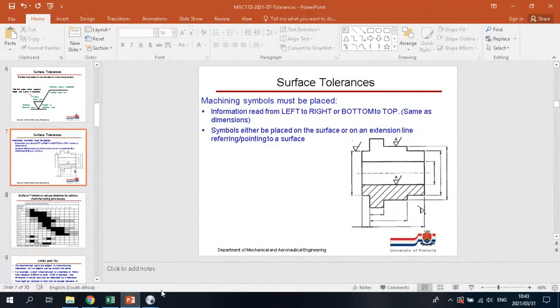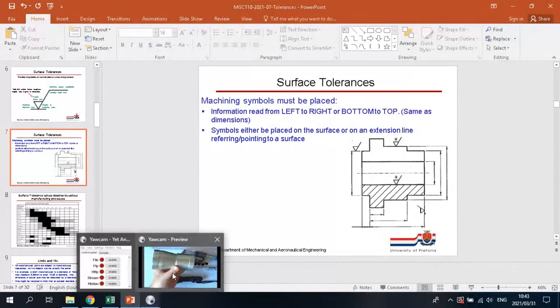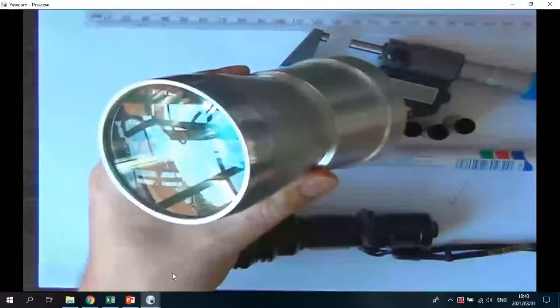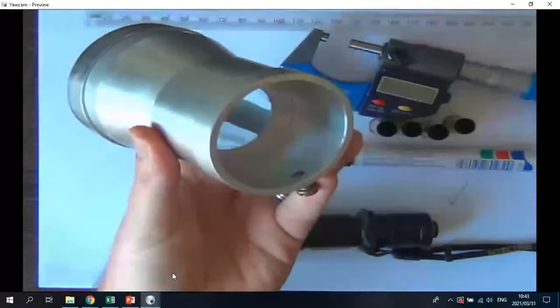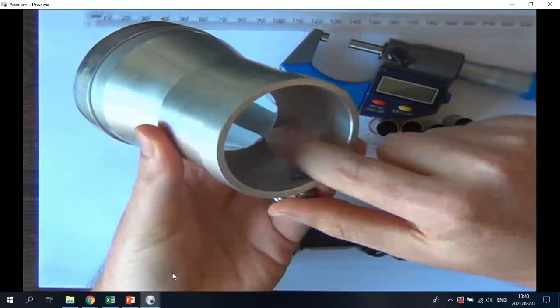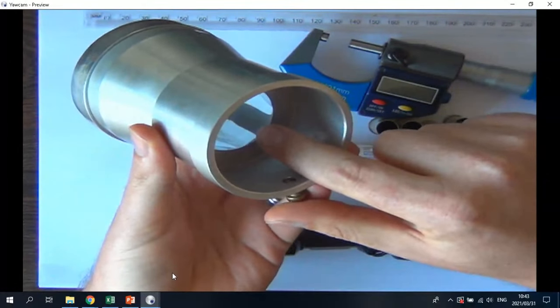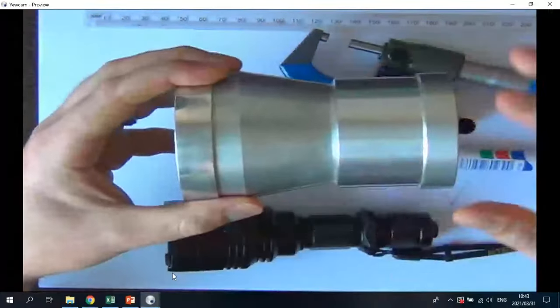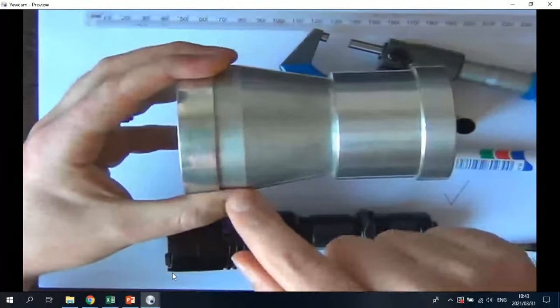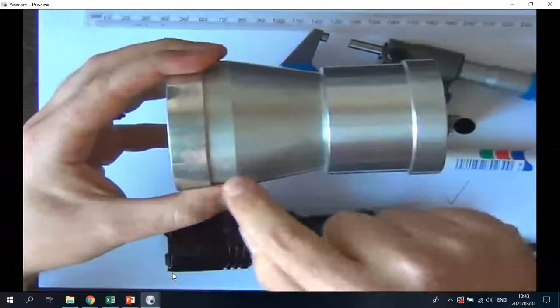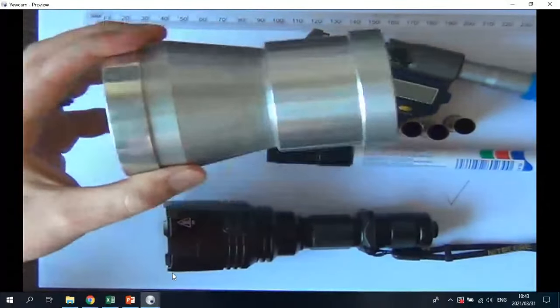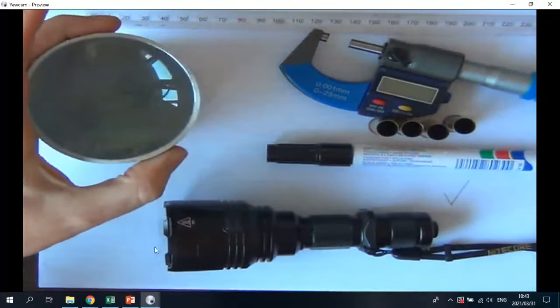If you want to specify to have a component made like this reflector of mine, obviously the surface is enough to be able to do its job. So when making a drawing of this component, you would want to show the person who has to manufacture it how smooth the inside surface must be.